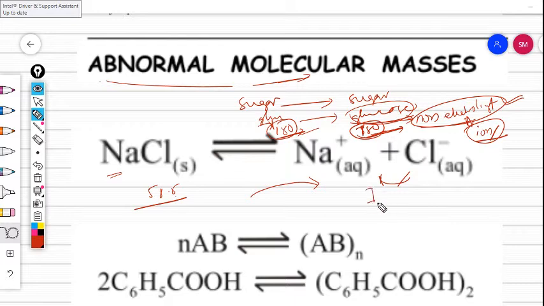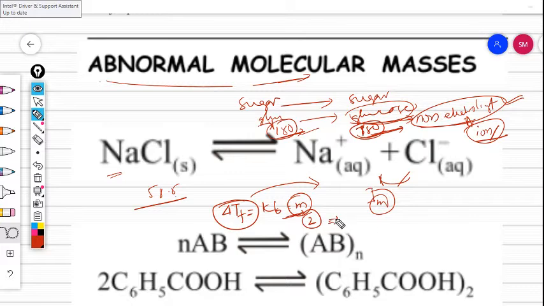Now in the solution, if I calculate molecular weight based on, let's say, molality terms, for example, if I got the depression in freezing point, and from that I have calculated the molality.